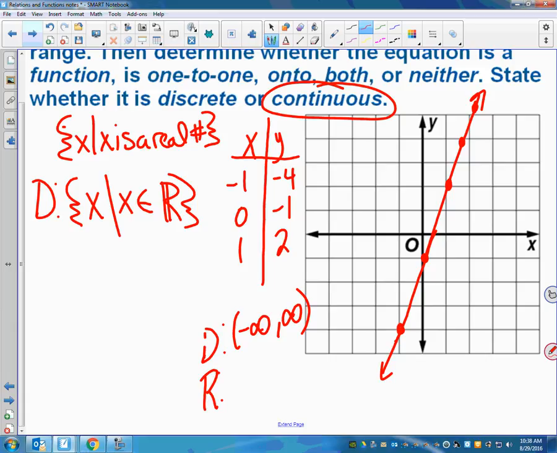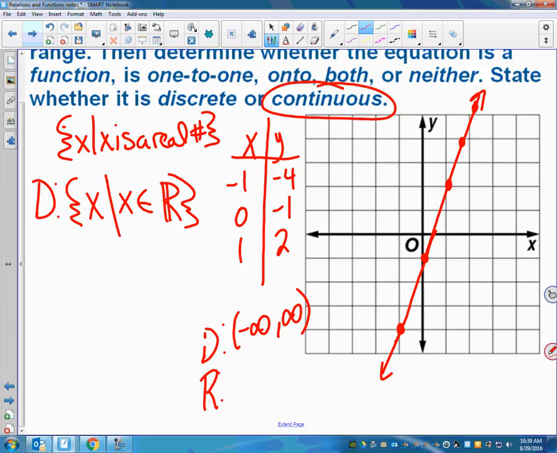What about the y values? Can we list out all the y values that are used? If there's an infinite amount of x values, could I write out all the y values that match up to those? Because if this just keeps going, isn't all these y values going to be used in this direction? And if this keeps going down, all the y values are going to be used?